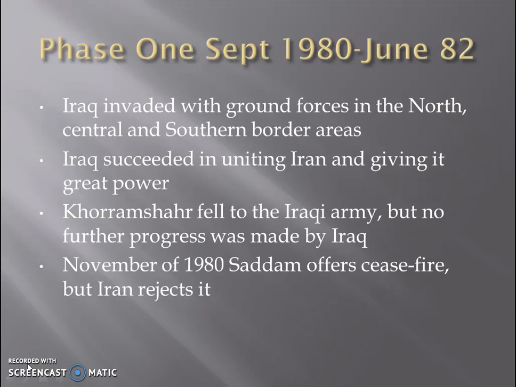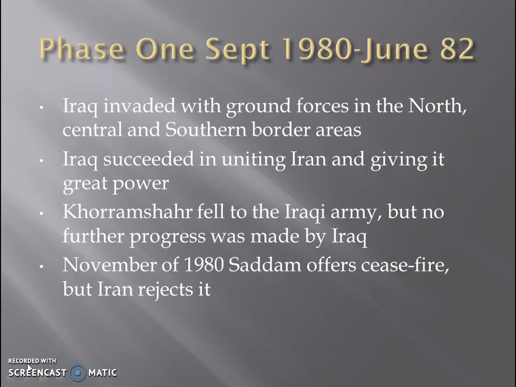The one thing that Saddam had really not anticipated was that his attack actually served to unite Iran and ended up giving it greater power than it had prior to the war start. So the only significant success as far as taking territory that Iraq was able to get was in Khorramshahr, where they were able to take the area, but that was it.